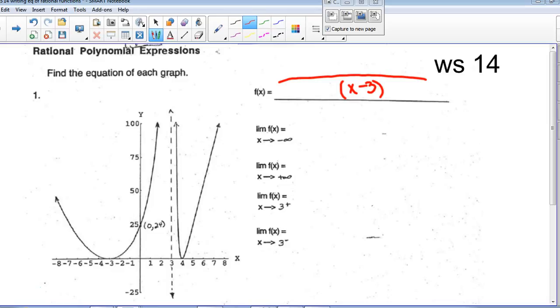How can you tell when things are factors of the numerator? Yes, the zeros. And what can you tell me about the zeros? So a factor would be x plus 3 and x minus 4.